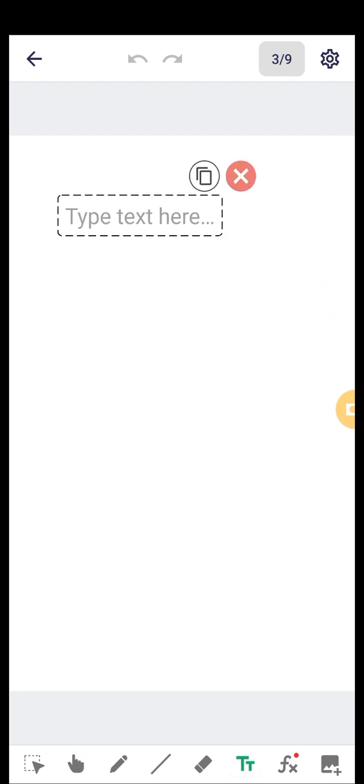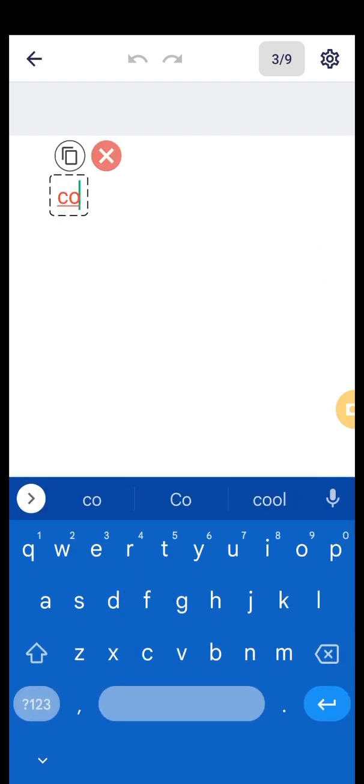Let's go to the other one, the cosine law.